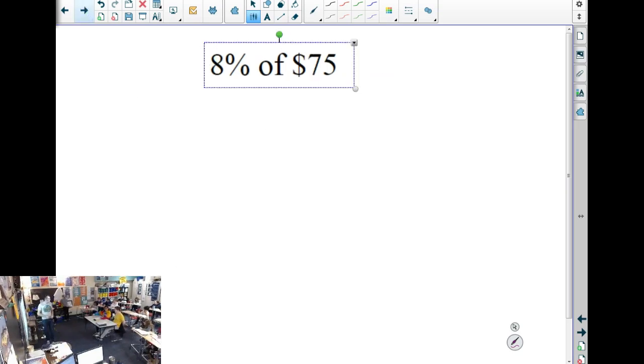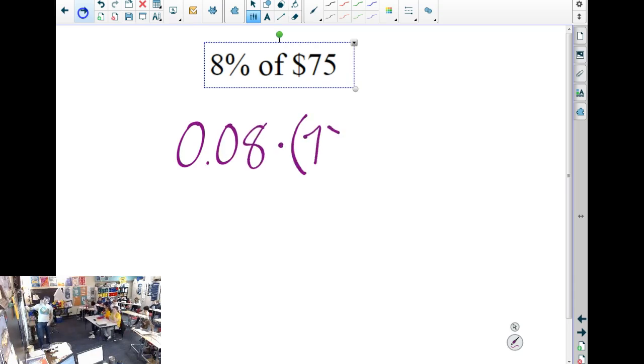All right, 8% of 75. Nora, how'd you do this? The decimal? So what is the decimal of this? 0.08. Yeah, be careful of that. Times your 75.